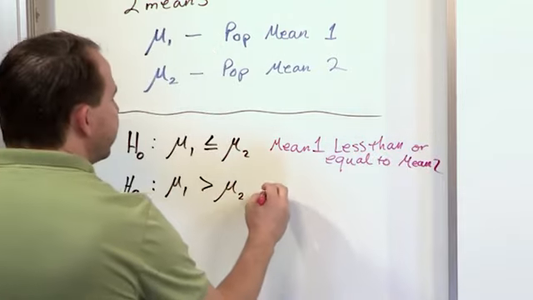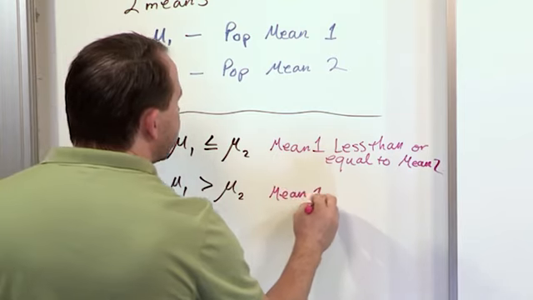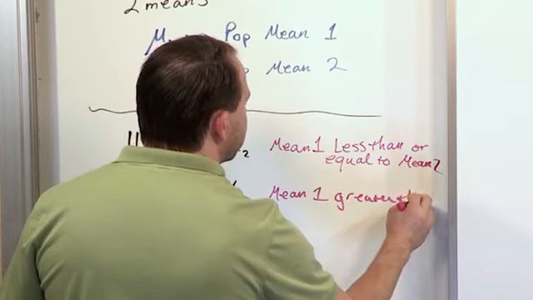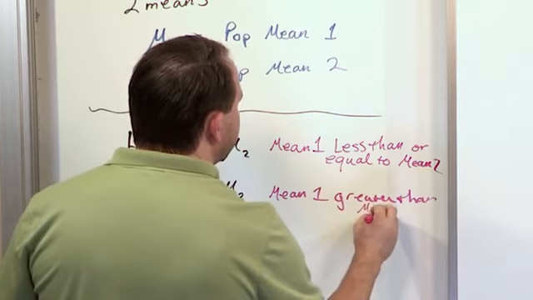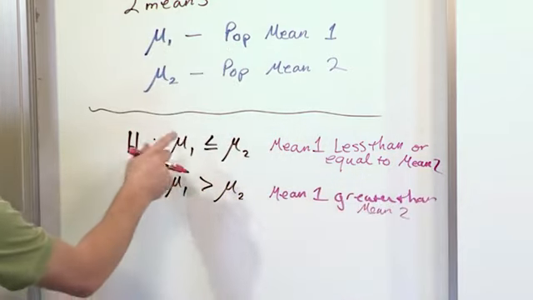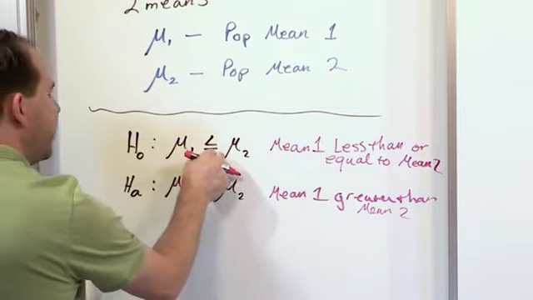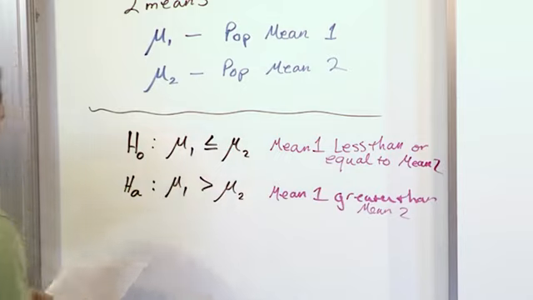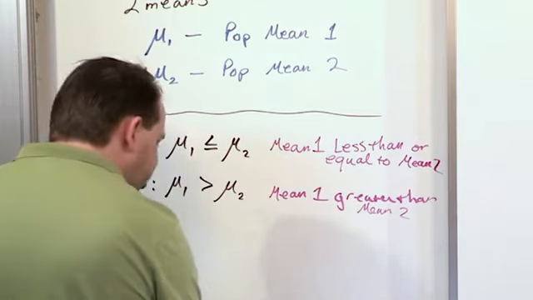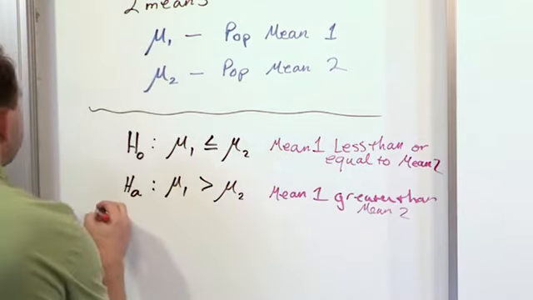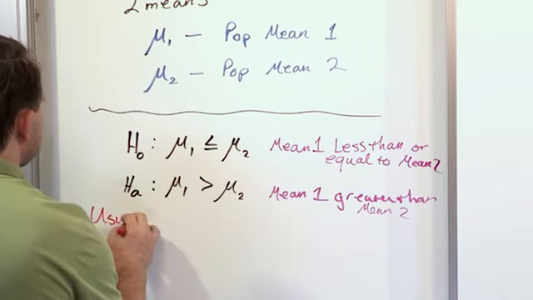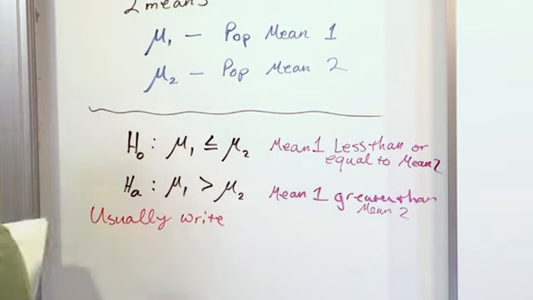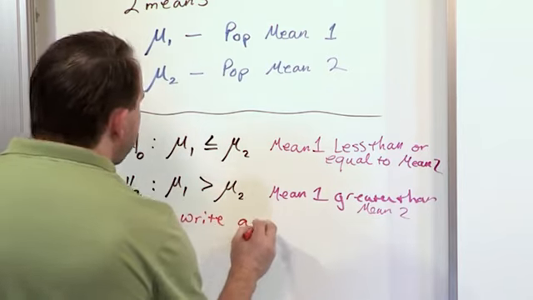And this one means that mean 1 is greater than mean 2. Now this is very easy to understand because I have something on the left side of the inequality and something on the right. And you can read this in terms of a sentence, right? But typically, you don't really write it like that. You usually, and this is how you're going to see this written in your textbook, write it as the following.